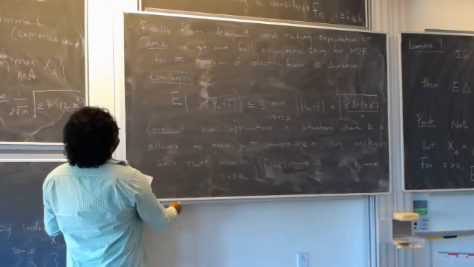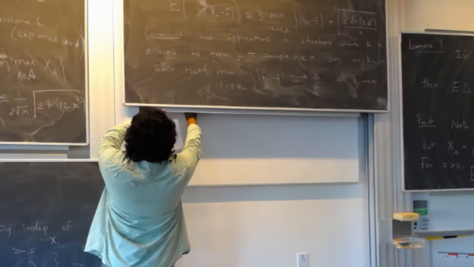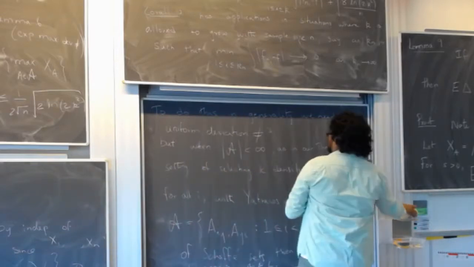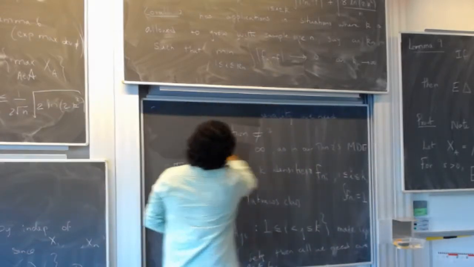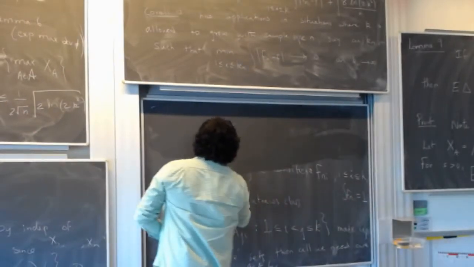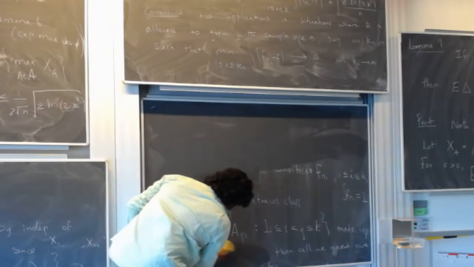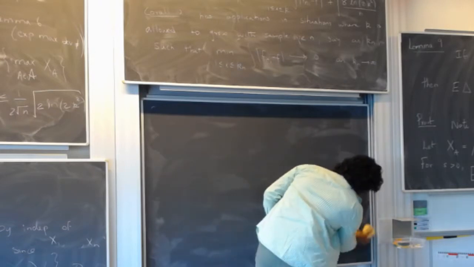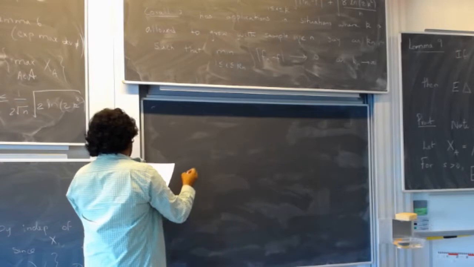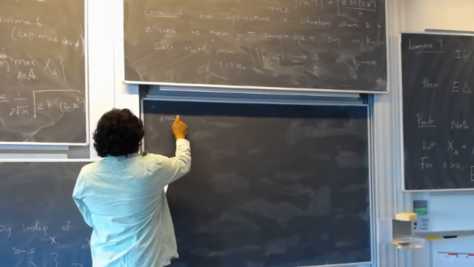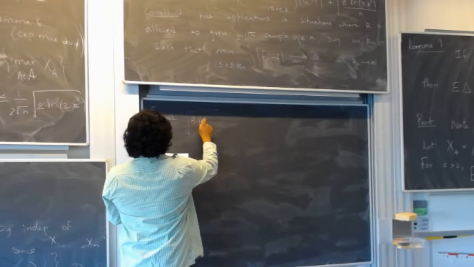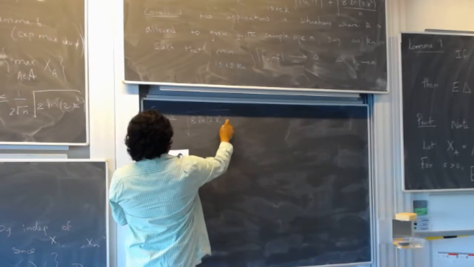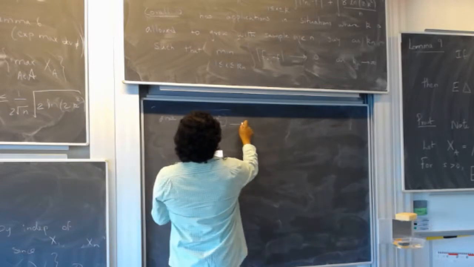And we also want the other term, the square root of 8 ln of 2 k sub n squared divided by n, to go to 0.